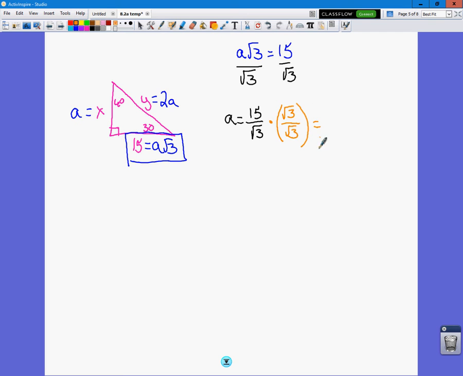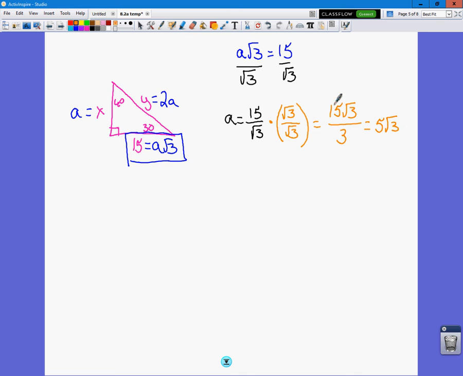I don't want to change the value, I just want to change its appearance. In the numerator, I still have 15 square roots of 3. But in the denominator, I have now what? 3. And this will simplify because 3 will go into 15 how many times? 5.